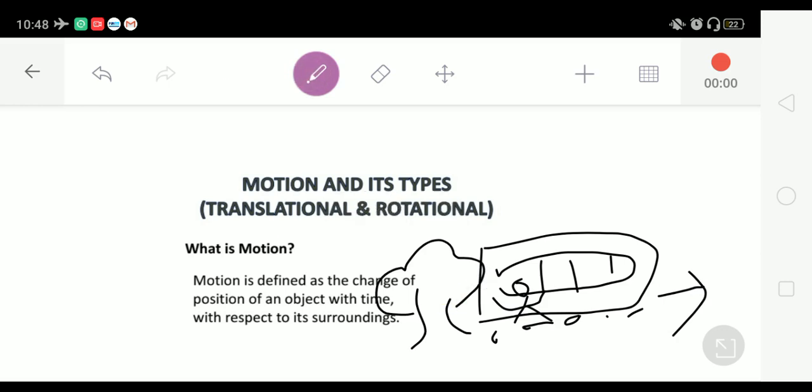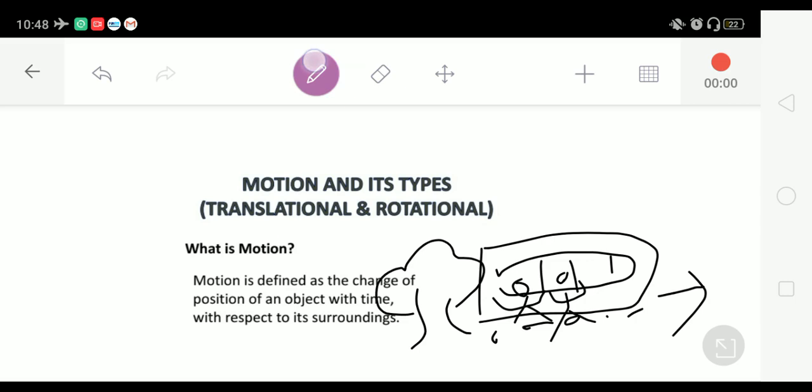But what happened to the person who is sitting with you? Does that person also vanish? No, he will not vanish from your sight. That is, the position of that particular person is not changing, whereas the position of the tree has changed.